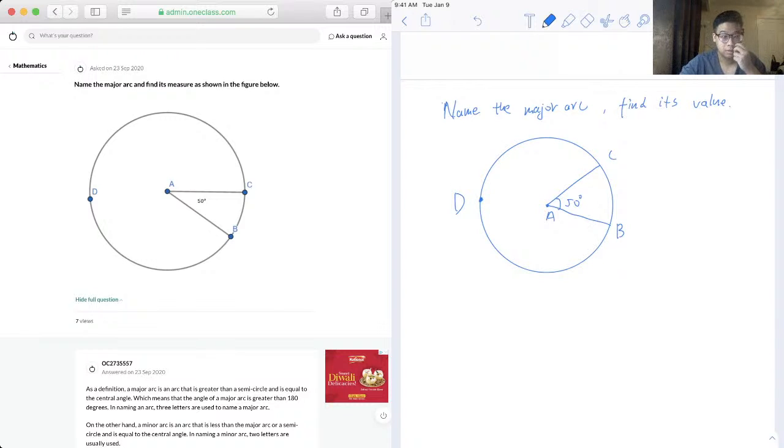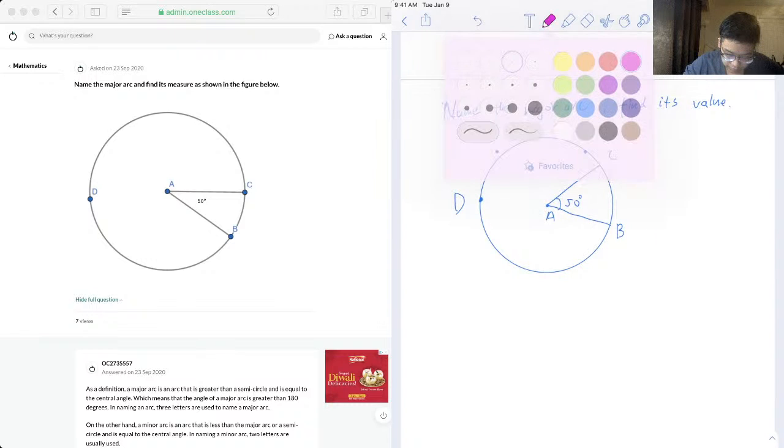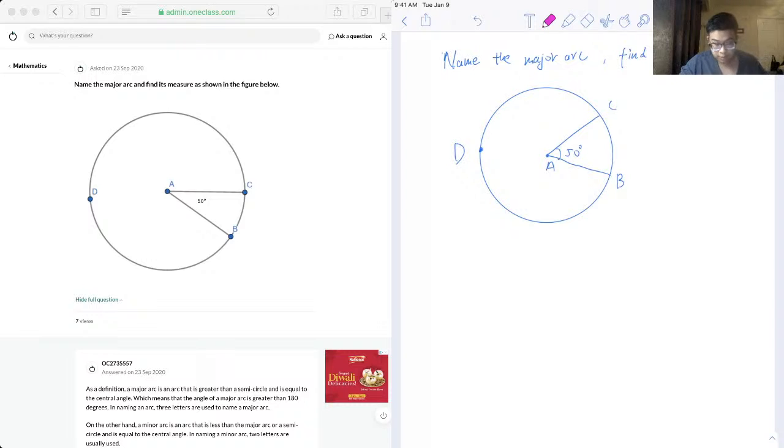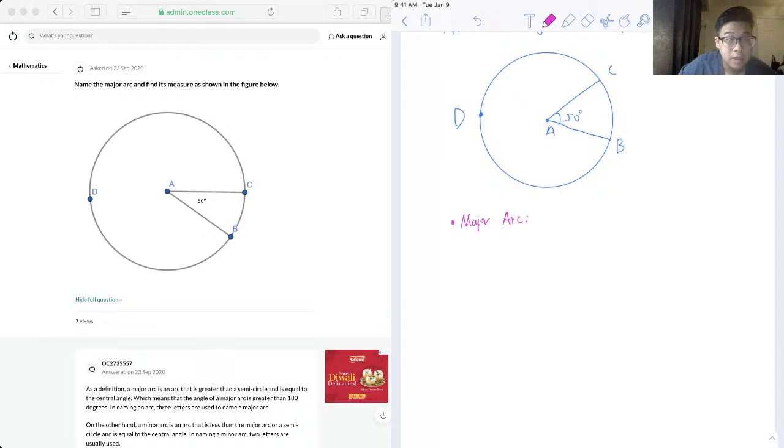Okay. So we need to name the major arc and find its value. First, let's recall the definition of major arc. A major arc is always greater than a semicircle, which just means it's more than half a circle, and it's equal to the central angle.